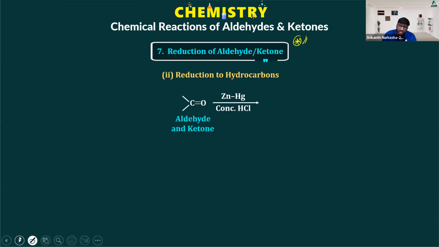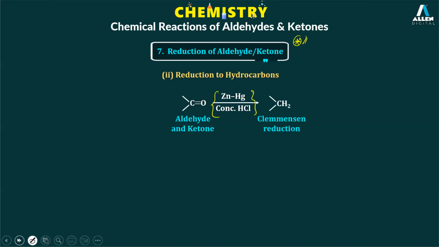Clemmensen reduction means zinc amalgam in the presence of concentrated HCl. Zinc amalgam and concentrated HCl: can I use this particular reagent whenever we have an acid sensitive functional group?